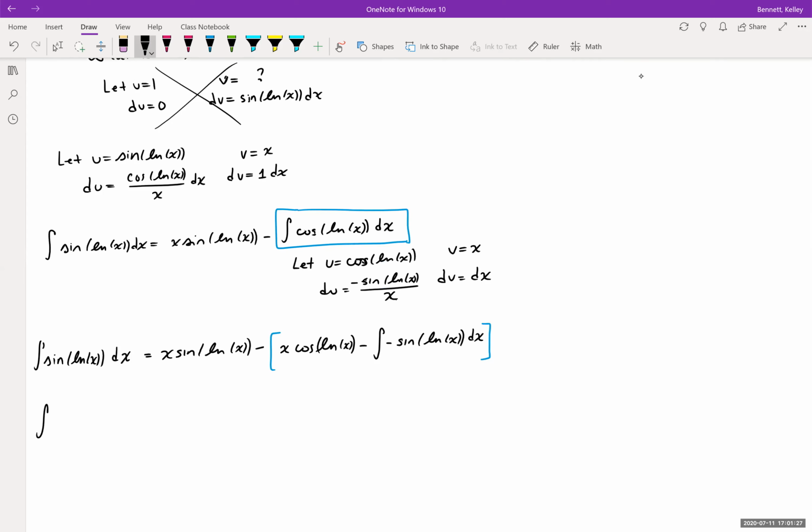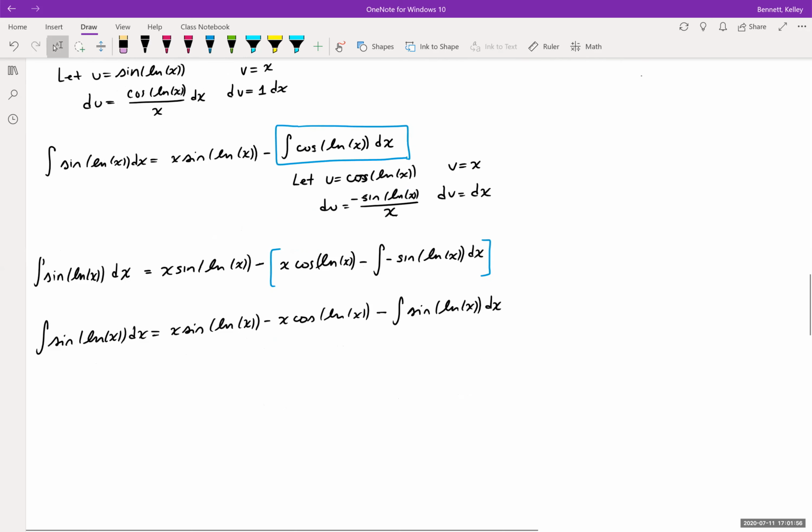So I get the integral of sine of ln of x dx equals x sine ln of x minus x cosine ln of x, and then minus, because I have 3 negative signs, 1, 2, 3, minus the integral of sine of ln of x dx. But this is nice because look, these are exactly the same.